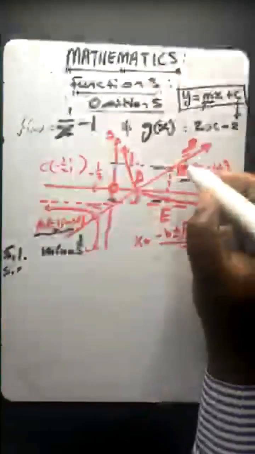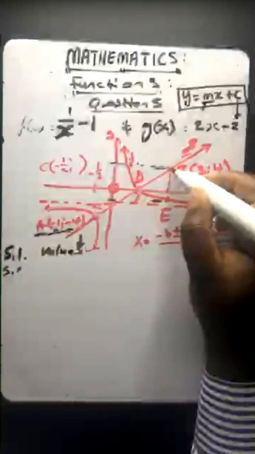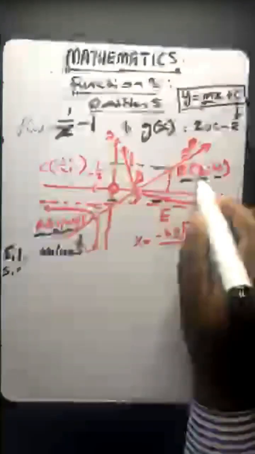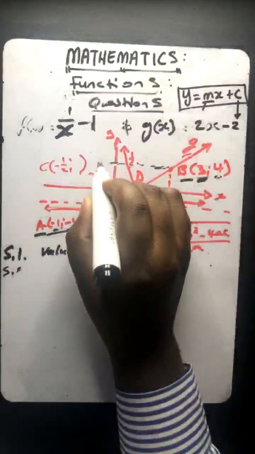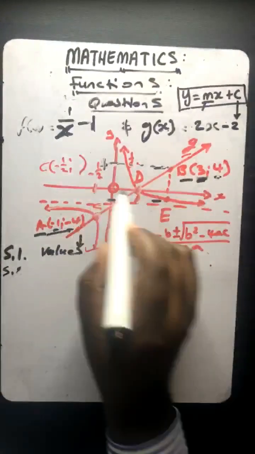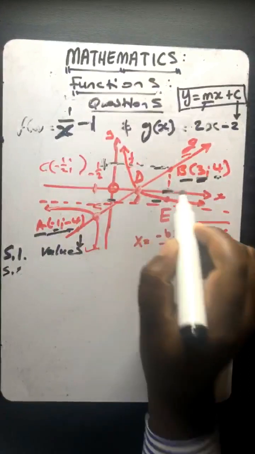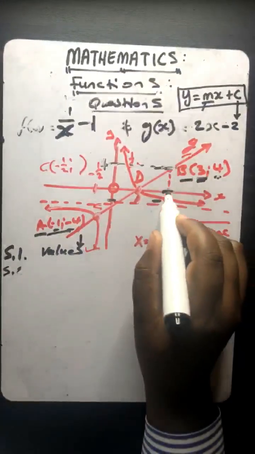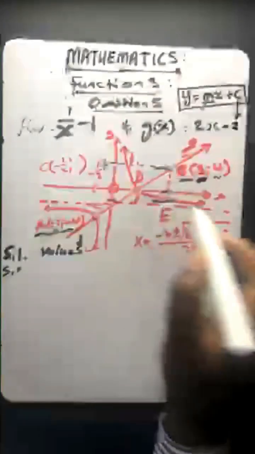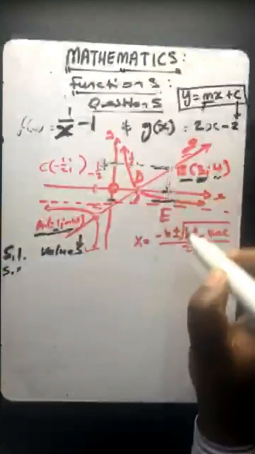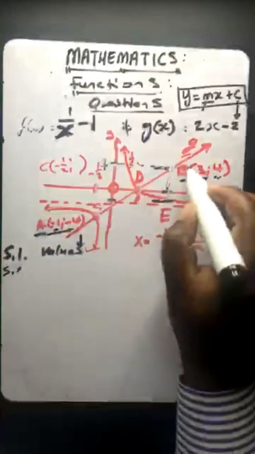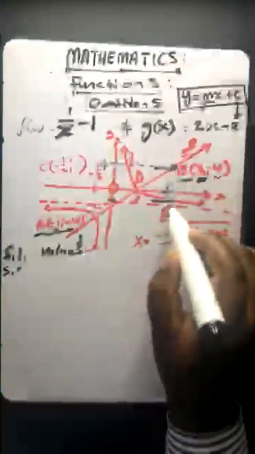Yes, at this point x is 3 and y is 4. So that means we have the distance from there up to there being 4. What we need to do is get the distance from there up to there. Then we can add this length and that length. That's how we move from point B to point E.